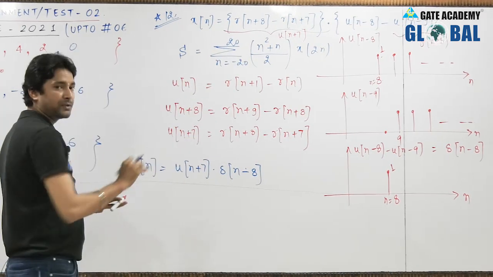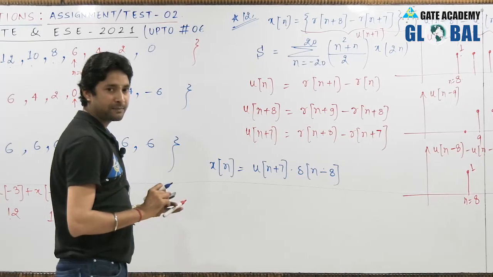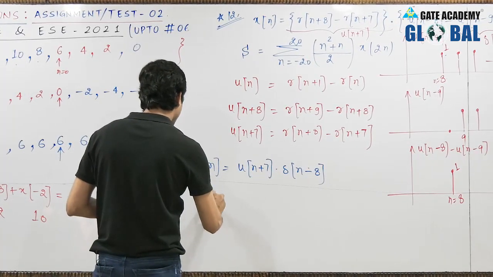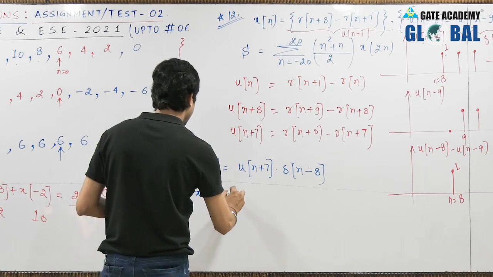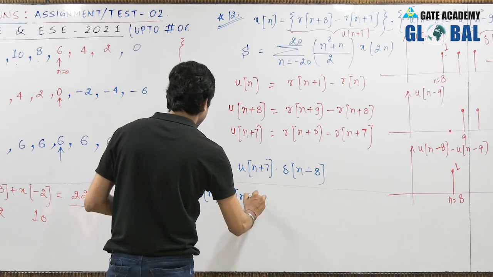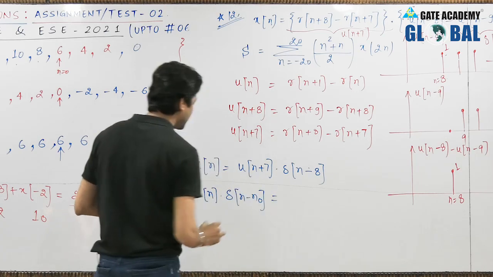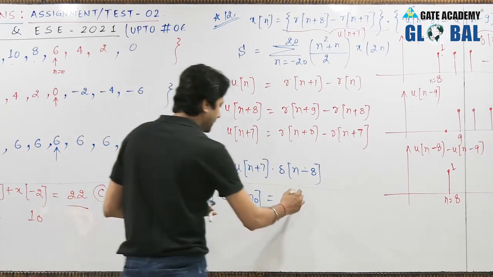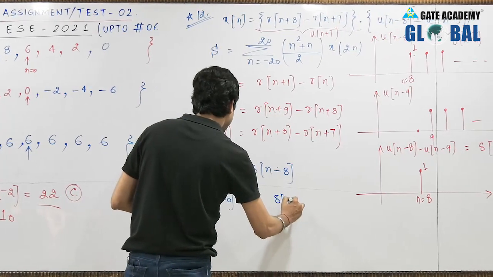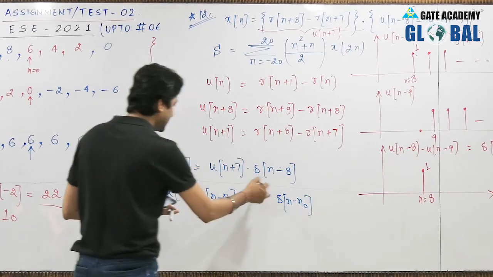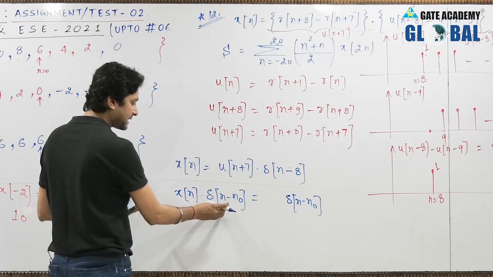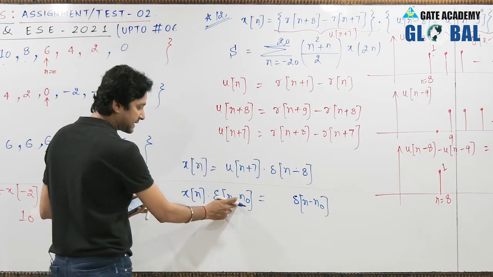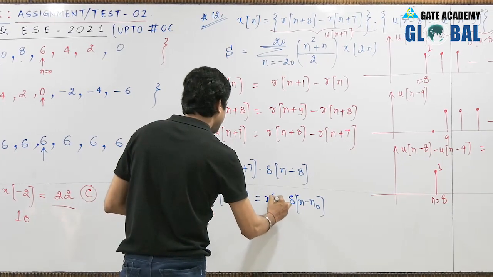As you write the properties in the case of the continuous time impulse function, similarly you have the property that x of n into del of n minus n naught is equal to what? The impulse will be as it is, n minus n naught, and the value of this impulse will be decided by the value of the signal x of n where this impulse exists, that is x of n naught.